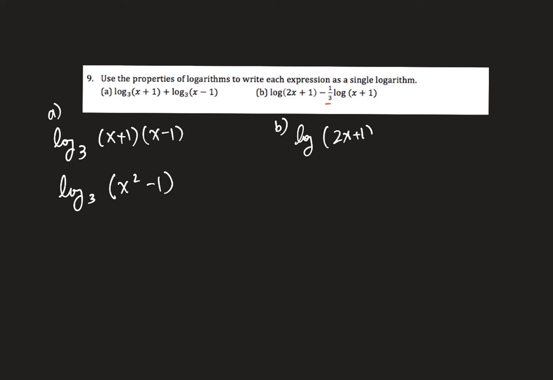Log of 2x plus 1 minus log of x plus 1 raised to 1/3, or you can take the cube root. And then from here, we'll just divide. Log of 2x plus 1 over the cube root of x plus 1. If you left it as raised to 1/3, that's fine. And from here, we can actually just leave it.